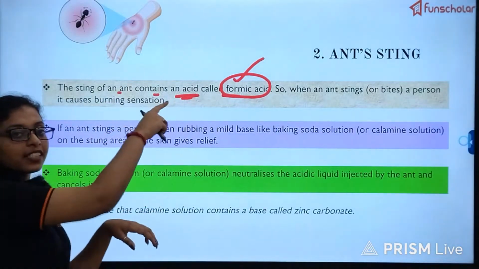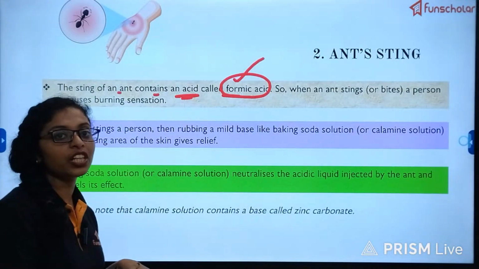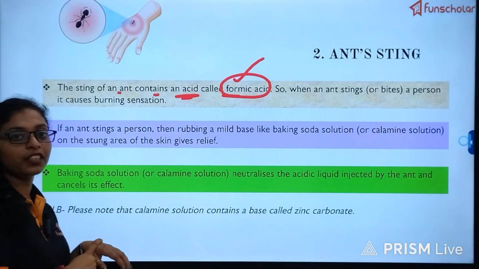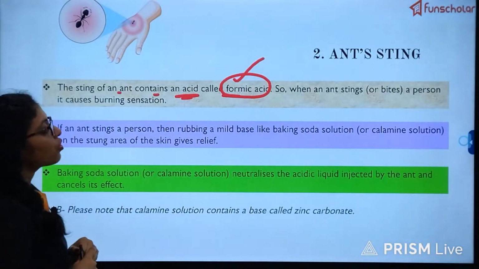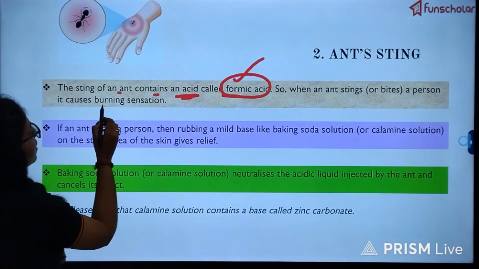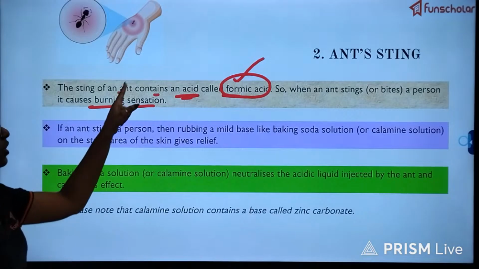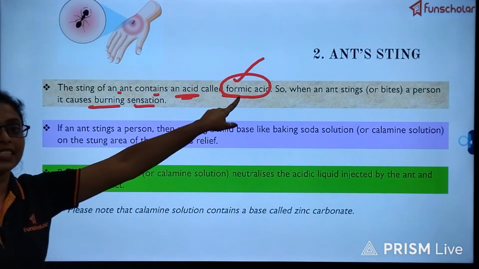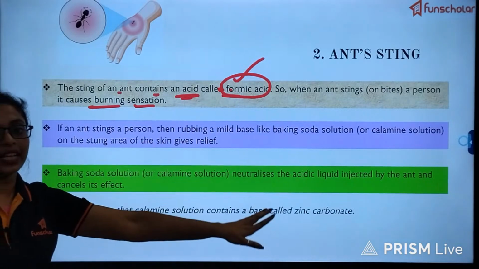The particular acid which is actually causing your pain and irritation after the ant bite is formic acid. So when an ant stings or bites a person, it causes a burning sensation, right? The burning sensation is happening because of the presence of formic acid, and we know that acid always shows its corroding nature, right?